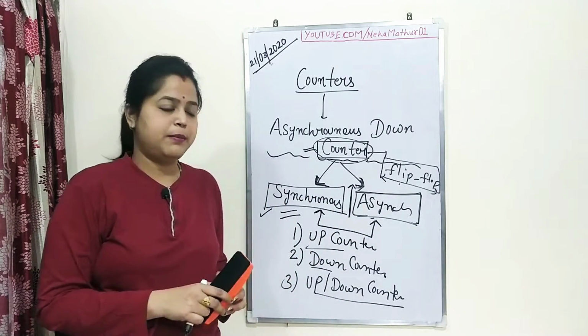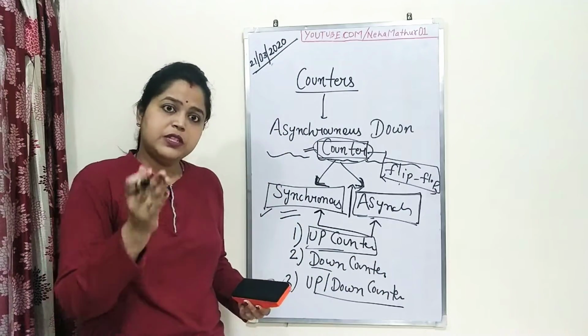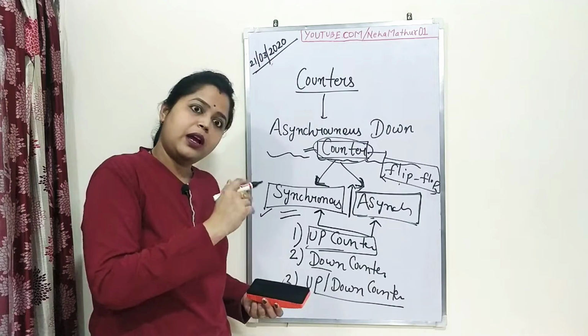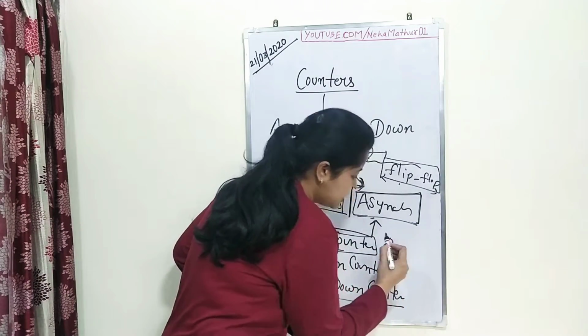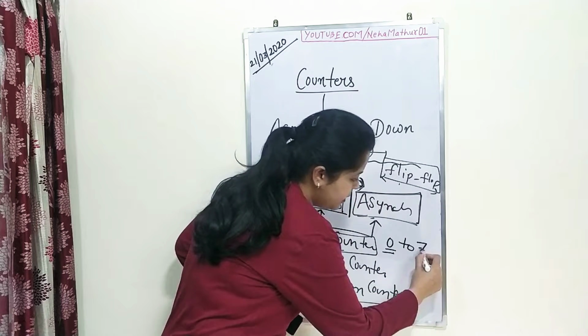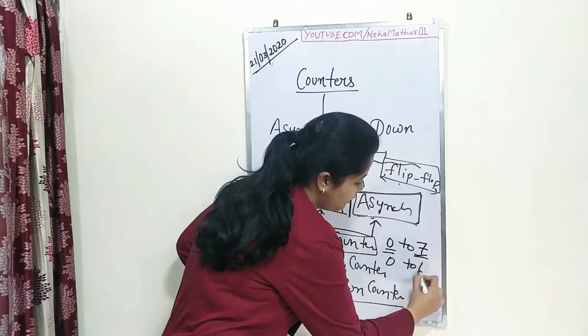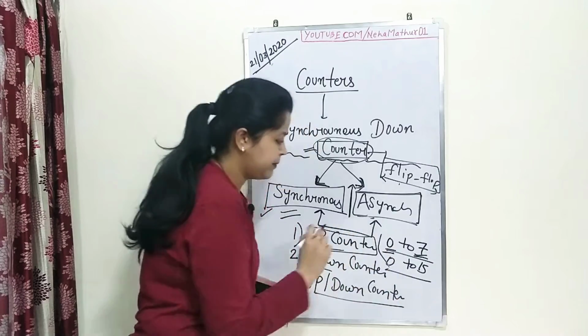This is a different concept, but an up counter is actually a counter which starts from a lower digit and goes toward a higher digit. For example, a counter that counts from 0 to 7, or you can say 0 to 15. Such a type of counter is said to be an up counter.